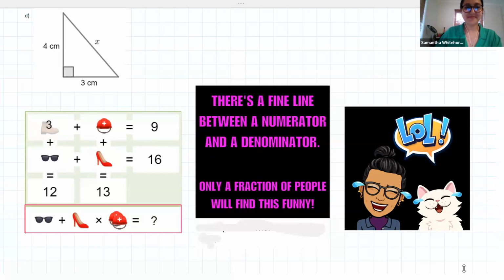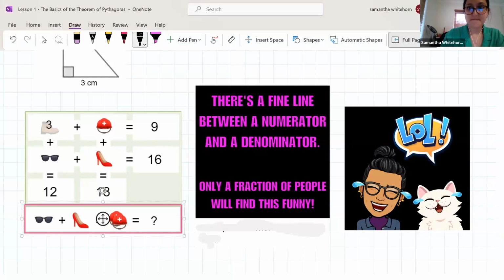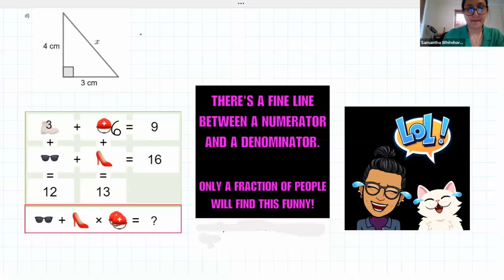Okay. So for the first sum, I said 3 plus x equals 9. And obviously I minus 3 from 9, so that would be 6 for the cap. And then 3 plus the sunglasses is 12, equals 12. 12 minus 3 would give you 9, so the sunglasses would equal 9.